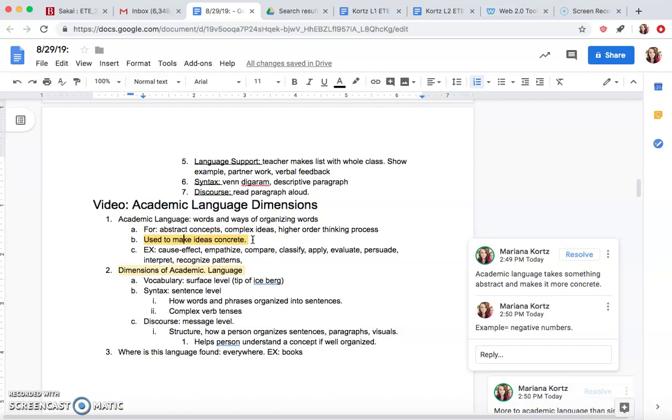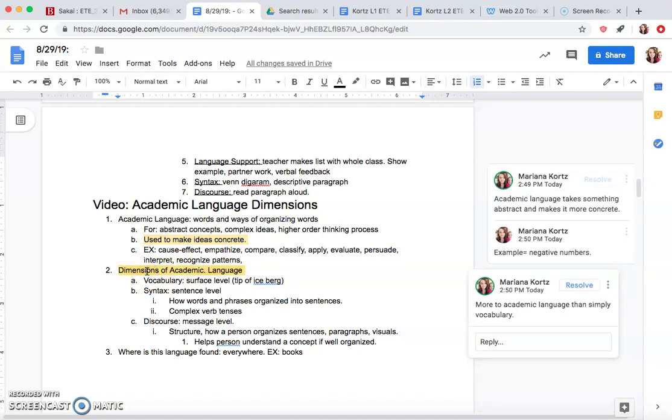Example could be 10 minus 5. But you can't exactly understand the concept or visualize it until you use symbols, which is one form of academic language. So if I wrote -5 on the board, then my students would understand more concretely what -5 was. I could even draw a picture of -5. And if I do it in such a way, that could be considered academic language.